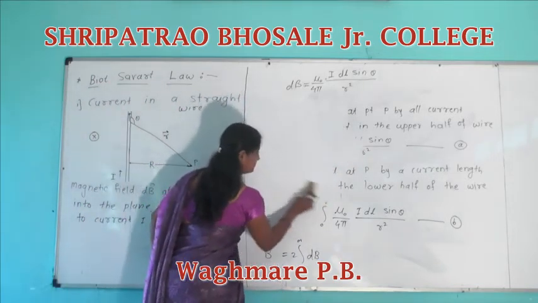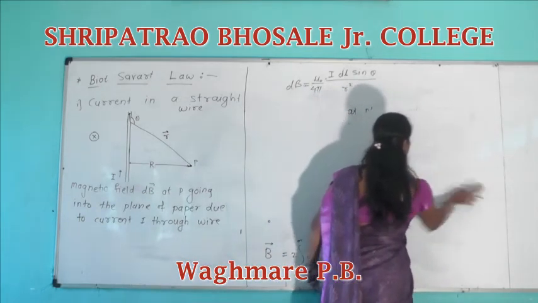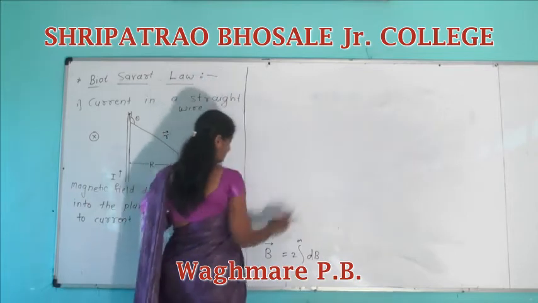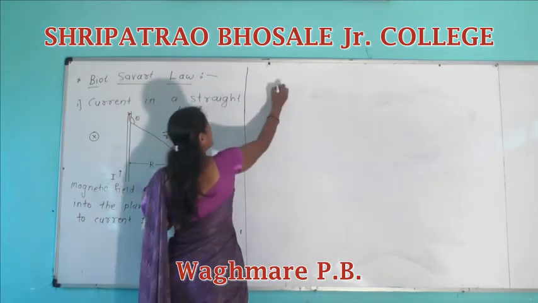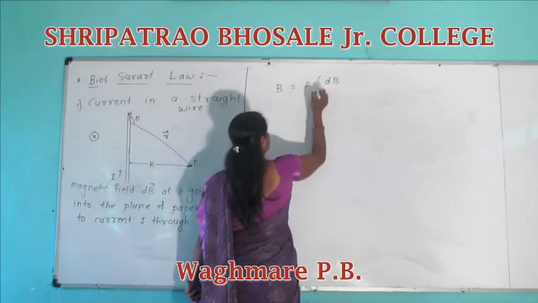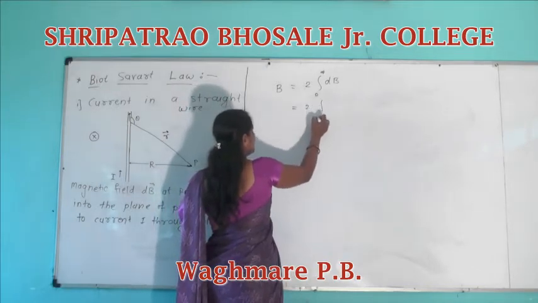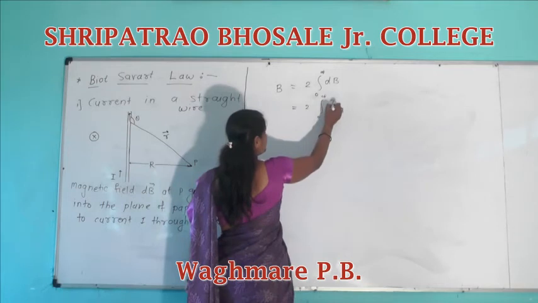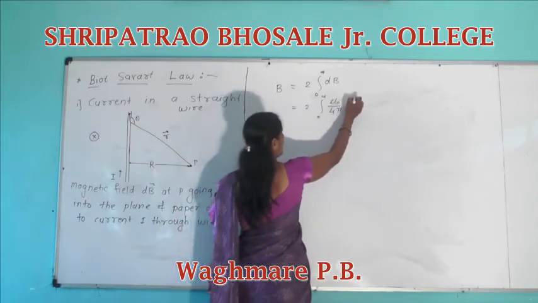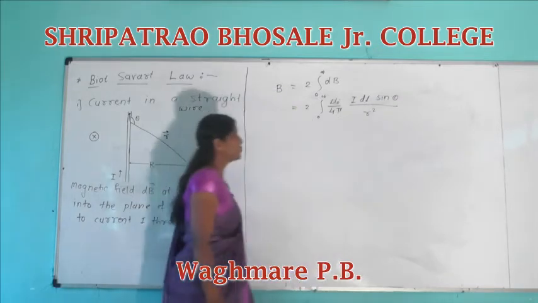Now, this magnetic field will be equal to dB, and dB is equal to mu naught upon 4 pi, I dl sin theta upon r square.